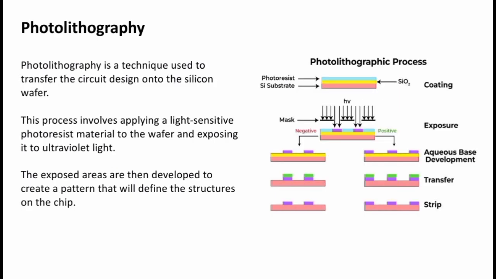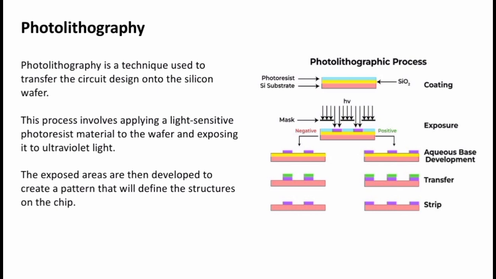Photolithography. Photolithography is a technique used to transfer the circuit design onto the silicon wafer. The diagram of the photolithographic process is given here. Initially, we consider a photoresist layer, next to that a silicon dioxide layer, then the silicon substrate.